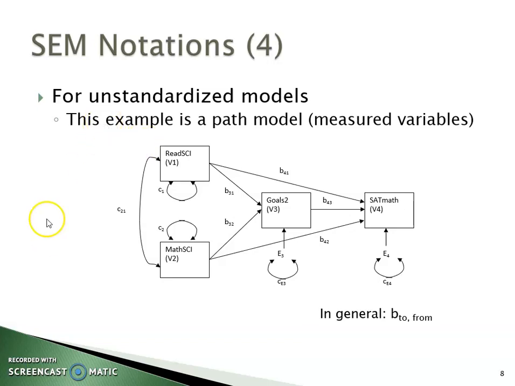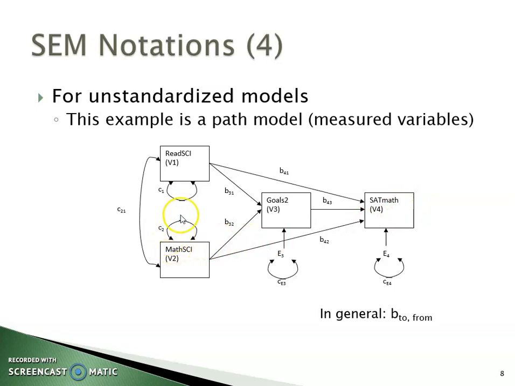Our second example here is a path model, the model without any latent factors. So you can see that both the exogenous and the endogenous elements are observed variables, okay?